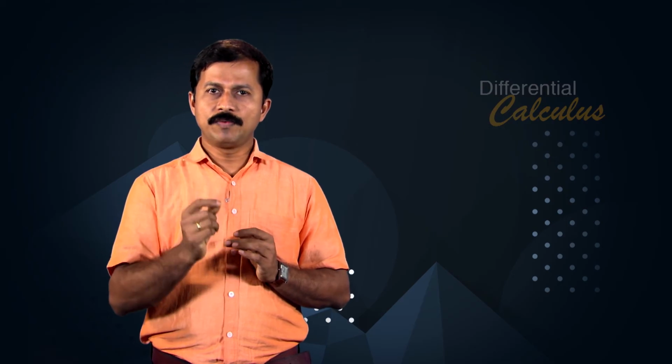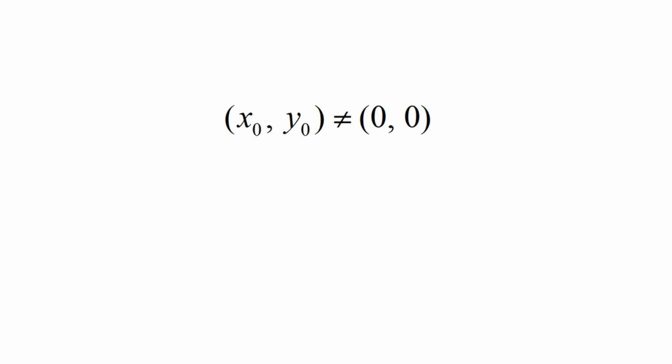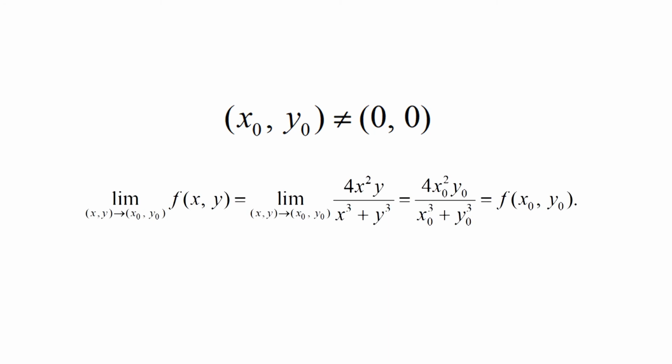The function f is continuous at any point (x0, y0) different from (0, 0) because the limit as (x, y) approaches (x0, y0) of f(x, y) is equal to the limit of 4x^2 y/(x^3 + y^3), which is 4 x0^2 y0/(x0^3 + y0^3), which is equal to f(x0, y0).